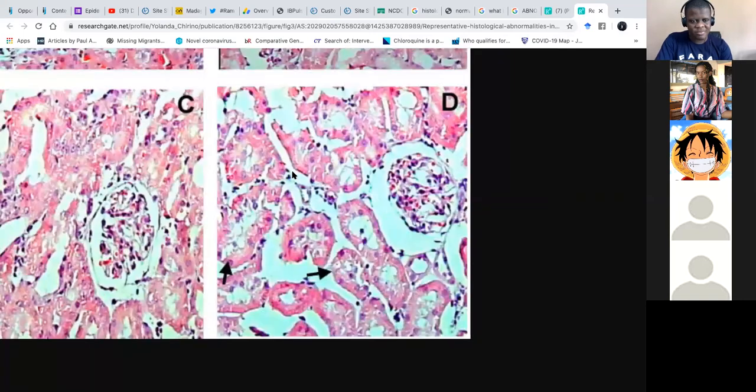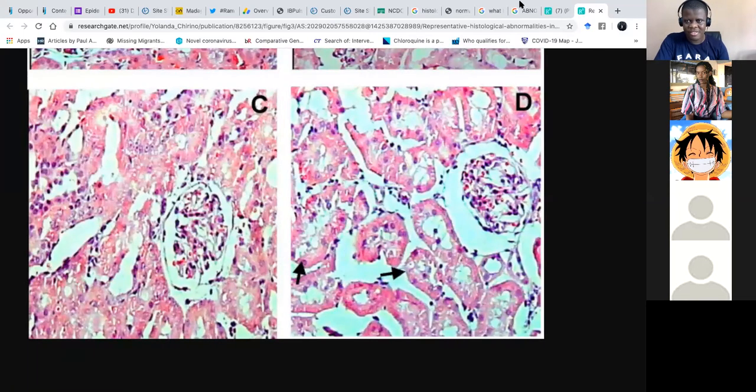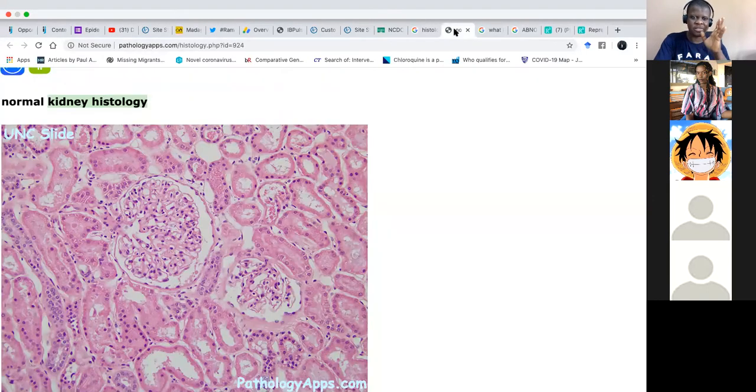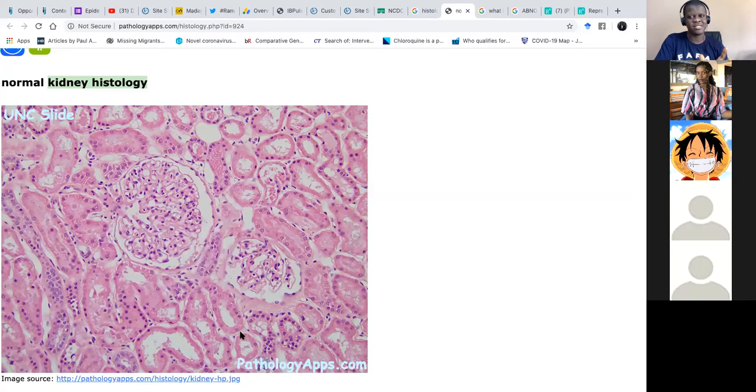I know these pictures are not really perfect, but I want you to compare what you're looking at on your screen to what you're looking at here.